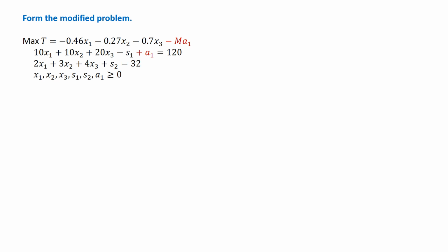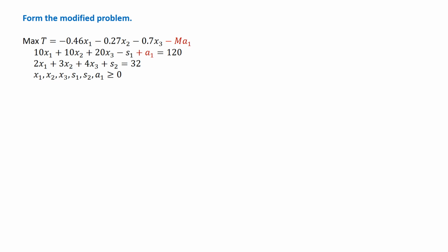So to gain equality, we add a slack variable. So this becomes 2x1 plus 3x2 plus 4x3 plus s2 equals 32. Now, because I added an artificial variable to the first constraint, I've got to subtract M times a1 from the objective.